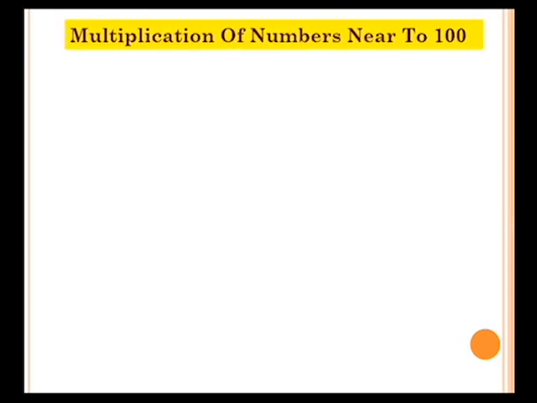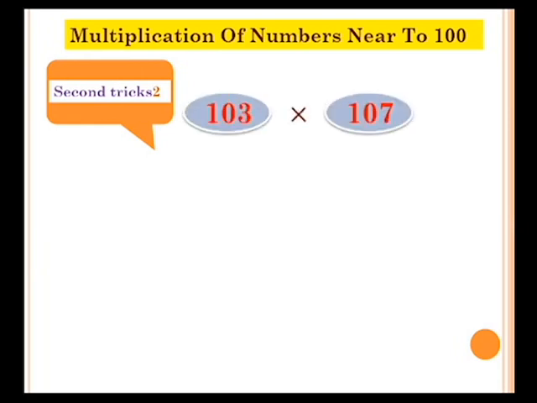Take another example of the multiplication of numbers near to 100. Take the product of 103 and 107. So 103 is more than 100 by 3 and 107 is more than 100 by 7.